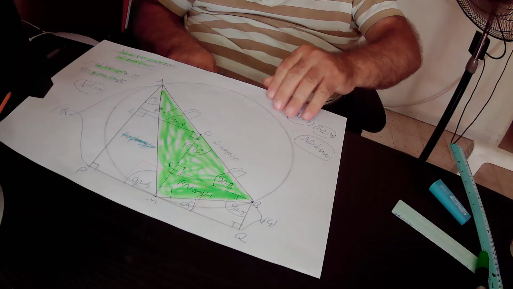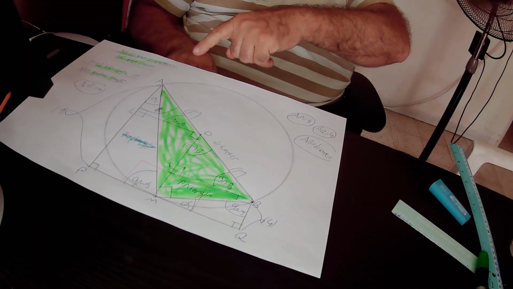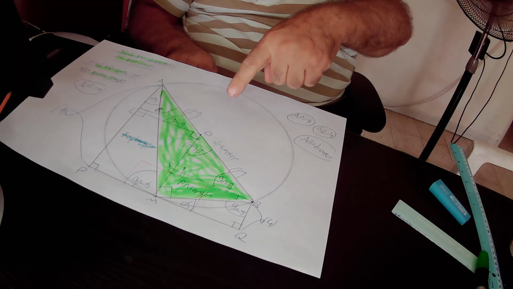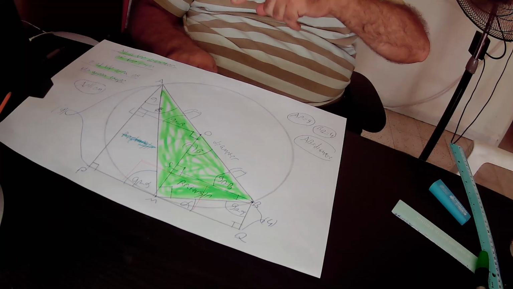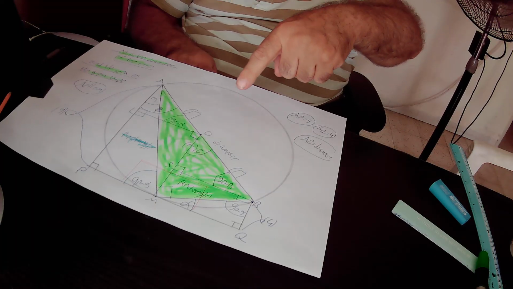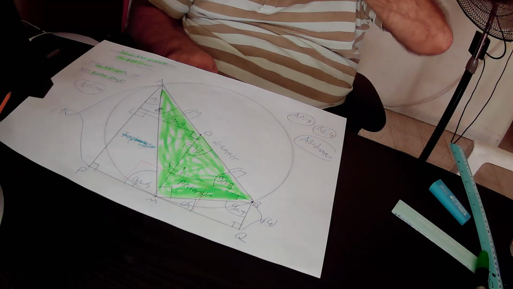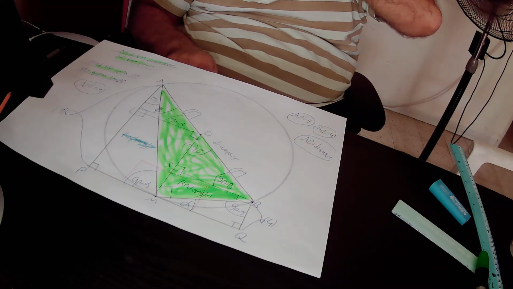In the next step, we prove that the right triangle ALO is congruent to this right triangle OSB according to the angle-side-angle rule.